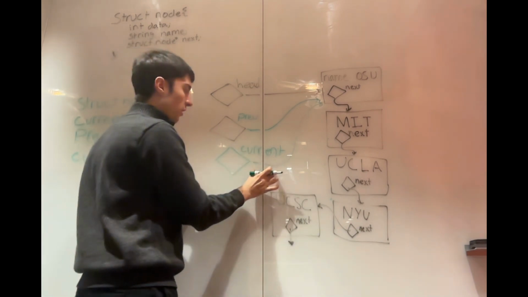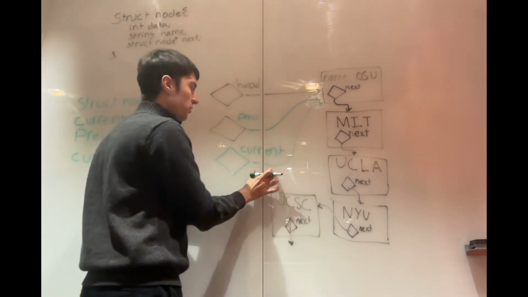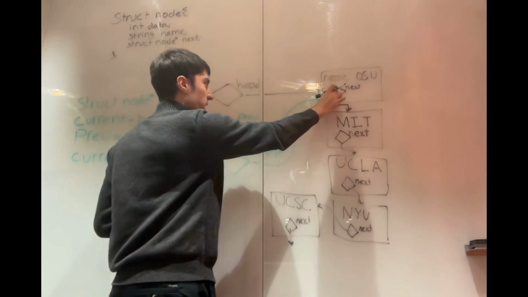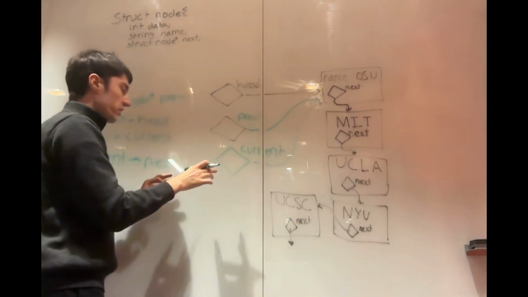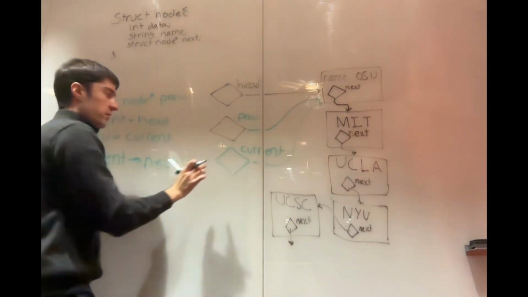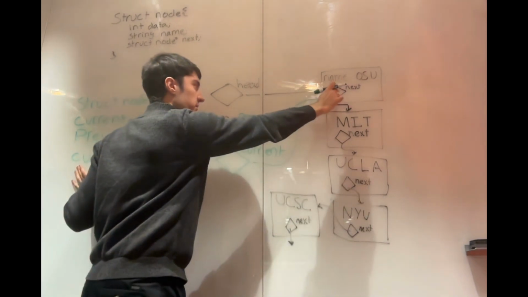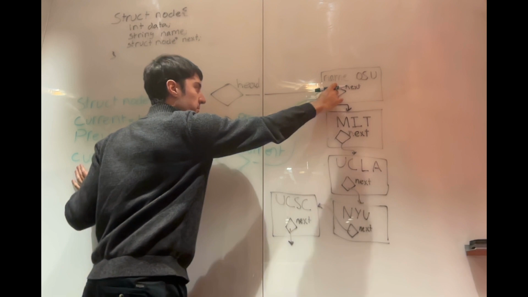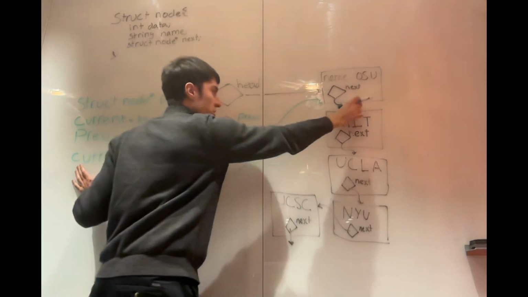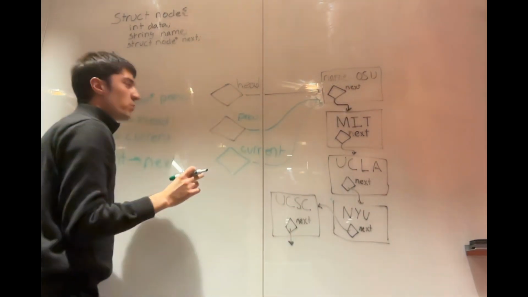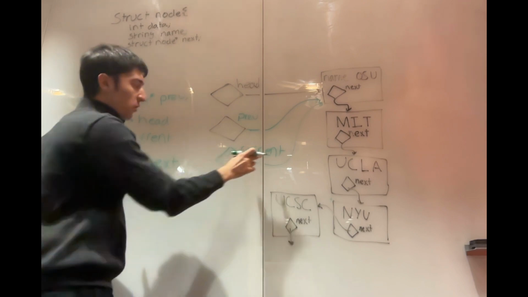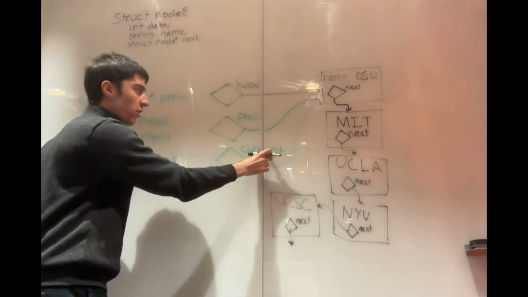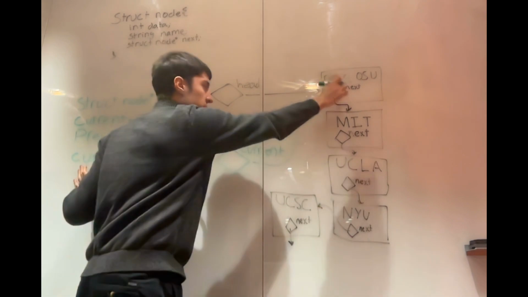We want to access this next. So we go to current, and then access this next variable. And this next variable points to MIT. And what do we want that to be? Well, we're trying to travel it, so we want current to be that, right?